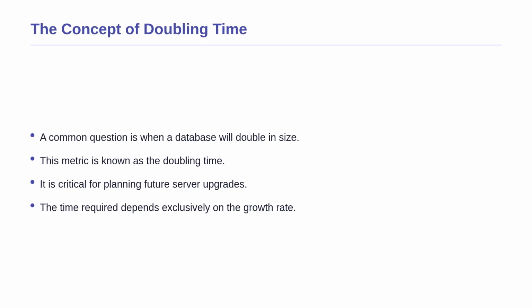If a protein database is growing rapidly, knowing exactly when it will double is a critical calculation for planning future server upgrades. Interestingly, as we will soon see mathematically, the time it takes for a database to double depends exclusively on its growth rate, regardless of whether it currently holds 10 sequences or 10 million sequences.